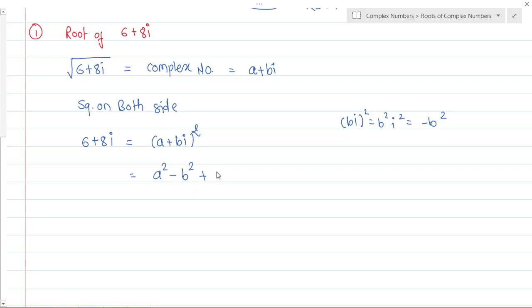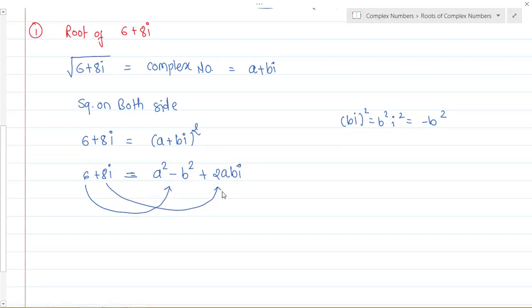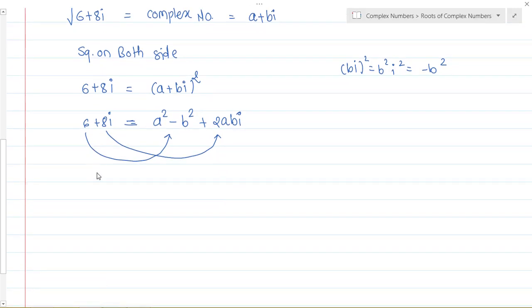So plus 2abi, and this equals 6 plus 8i. Because of this equal sign, we can equate the real part with the real part and the imaginary part with the imaginary one. So what you will get: 6 is equal to a square minus b square, and 8 is equal to what?